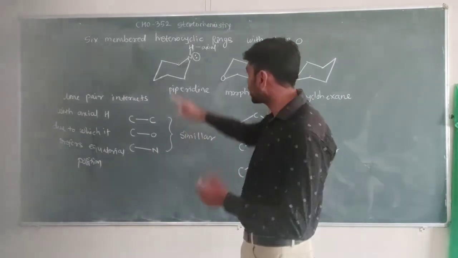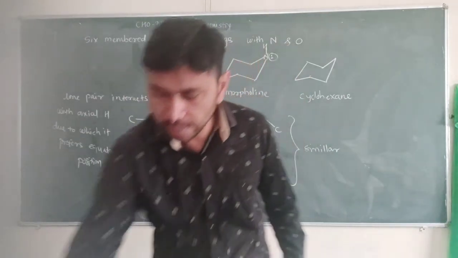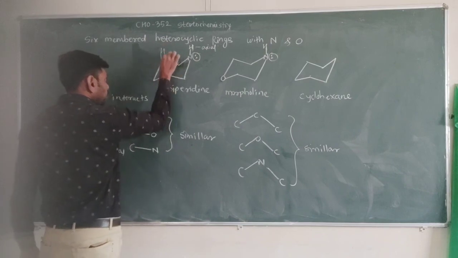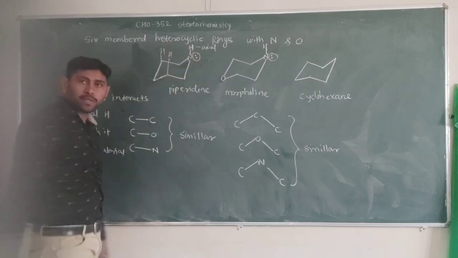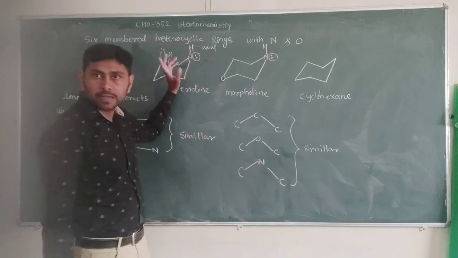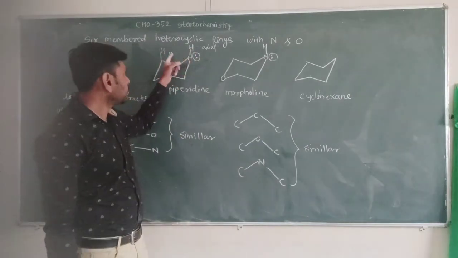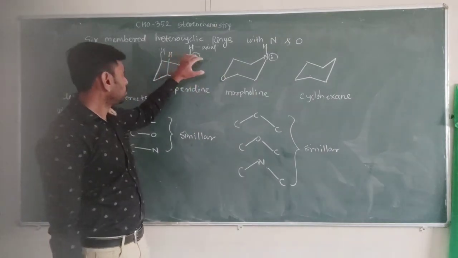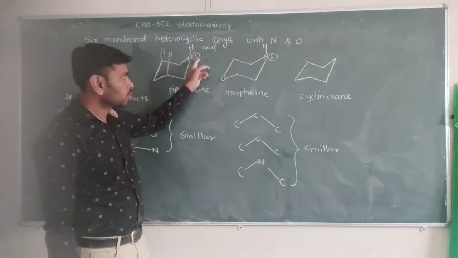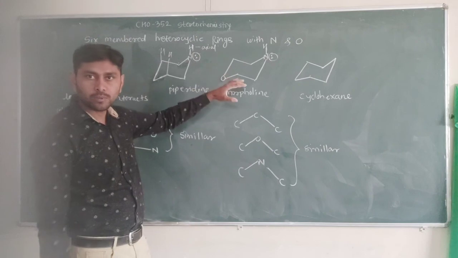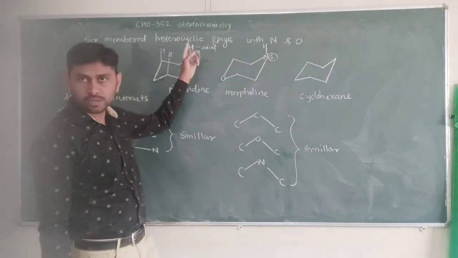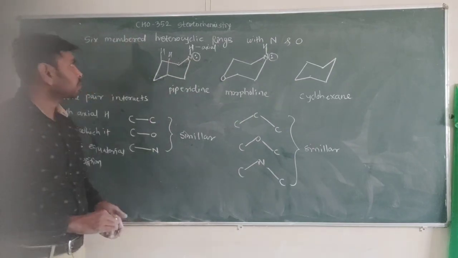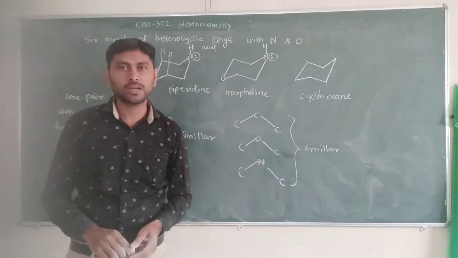When the lone pair is in the axial position, it interacts with these axial hydrogens, and due to this interaction it prefers the equatorial position, and due to which the hydrogen goes to the axial position. So this is about the 6-membered heterocyclic rings with nitrogen and oxygen.